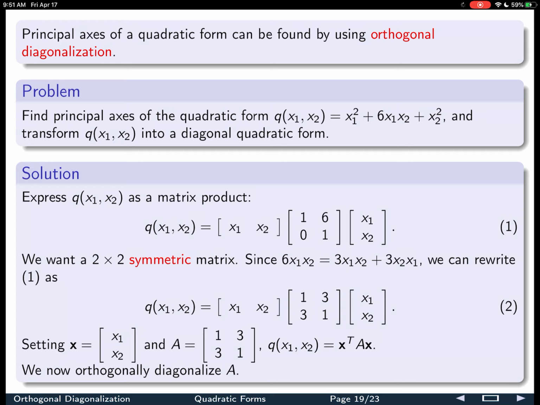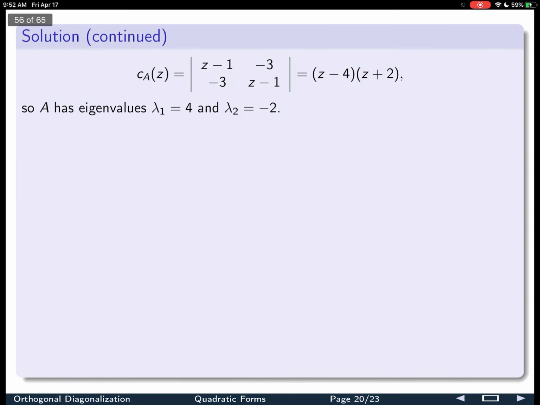You can express that quadratic form as a matrix product where you've got a vector x transpose times A times x. And then you orthogonally diagonalize A in order to find the principal axes.